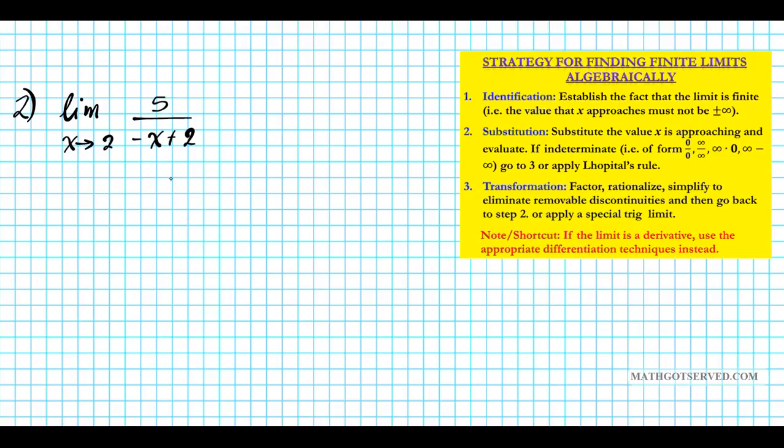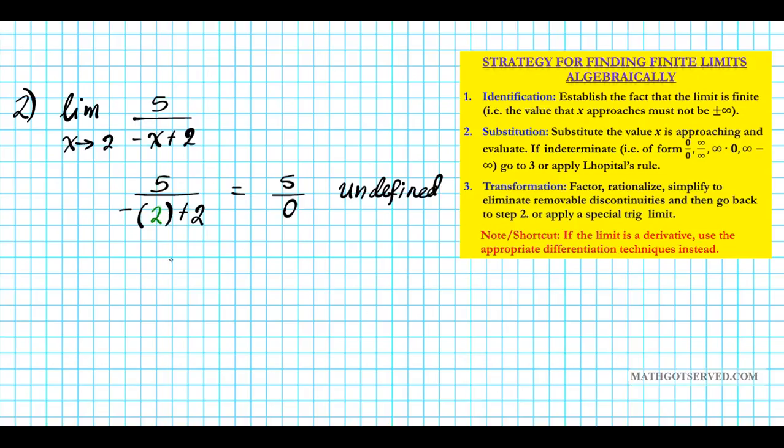If we substitute 2 for x, we're going to have 5 over negative 2 plus 2, which is 5 over 0, which is undefined.